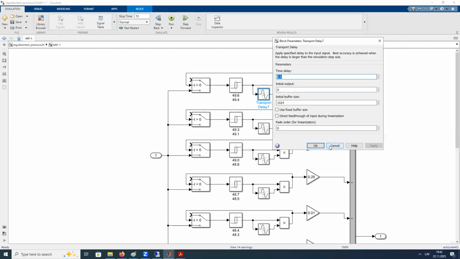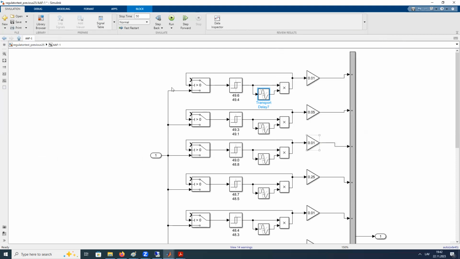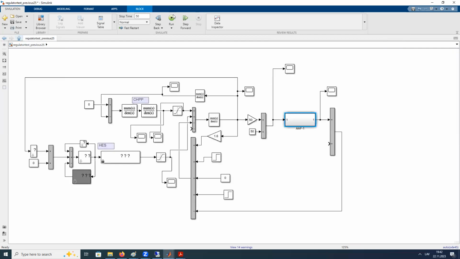It's 0.5 seconds. Okay, let's put the delay at 0, and to be correct, let's run once more. It's paused. Sorry, continuous. Okay, ready.